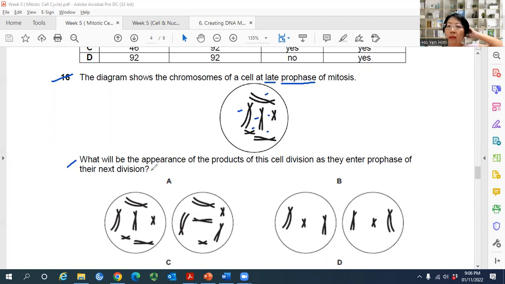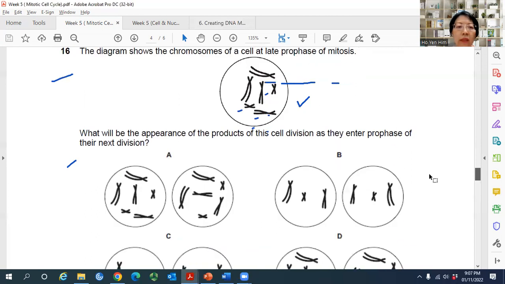So if they enter prophase of the next division, it will look the same, isn't it? This is mitosis, isn't it? So it should look the same as this one, because they already completed 1 cell cycle and they are in another cell cycle. So look for 2 cells where the content inside the 2 cells are the same as this one, because it's the next cycle already.